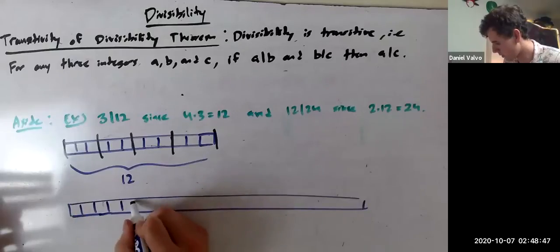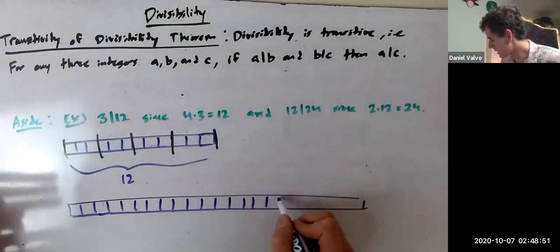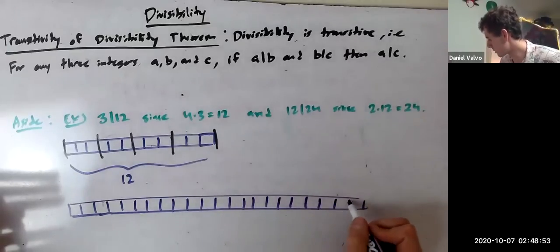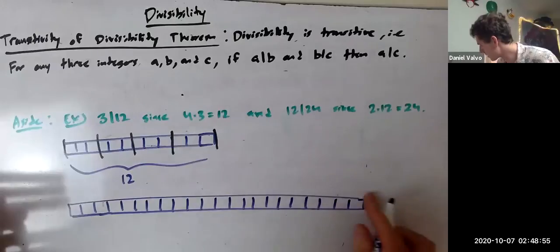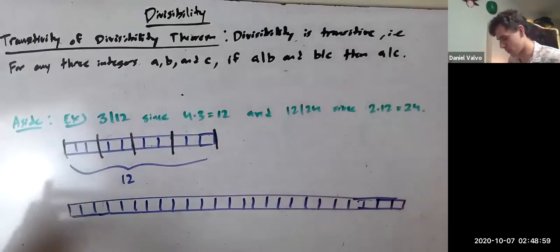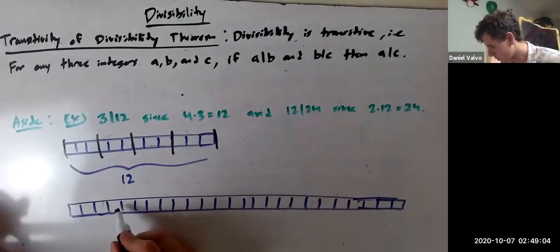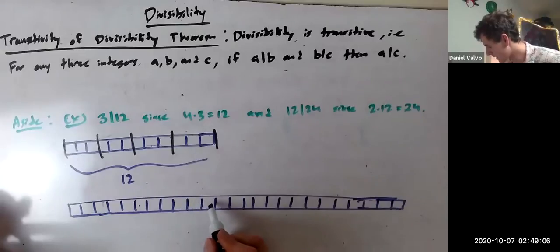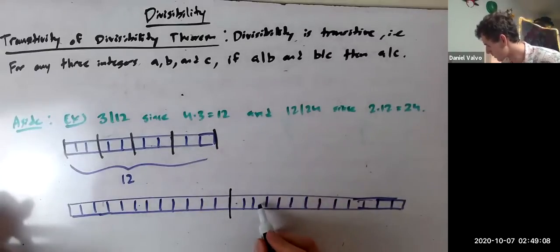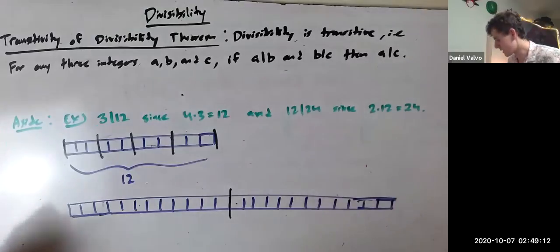We can count up to 24. You can also see that there are 12 and 12.